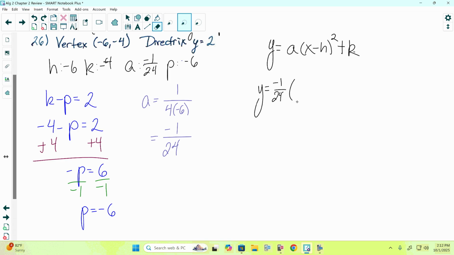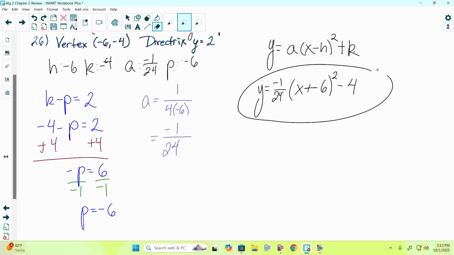So we plug negative 1 over 24 in for a. Inside we have x minus h, which would be minus negative 6, which is just the same as plus. We would plug negative 4 in for k, but plus negative 4 is the same as minus 4, so we can just say minus 4.